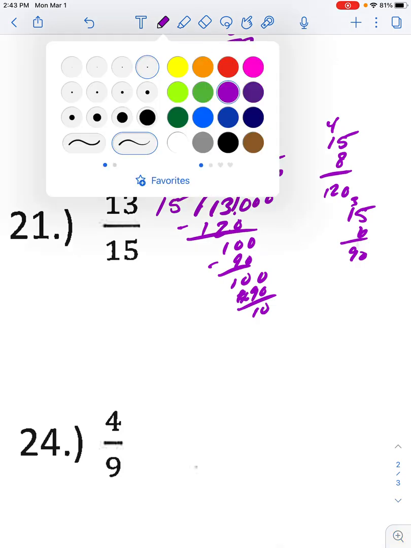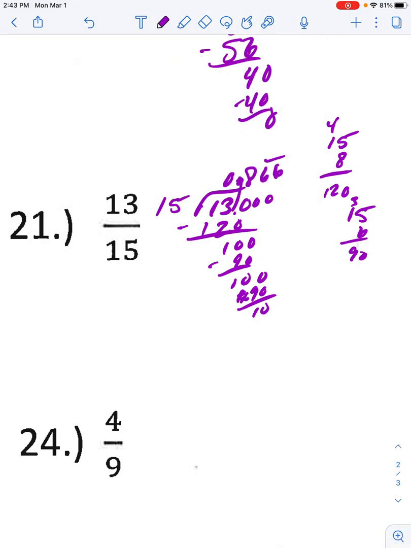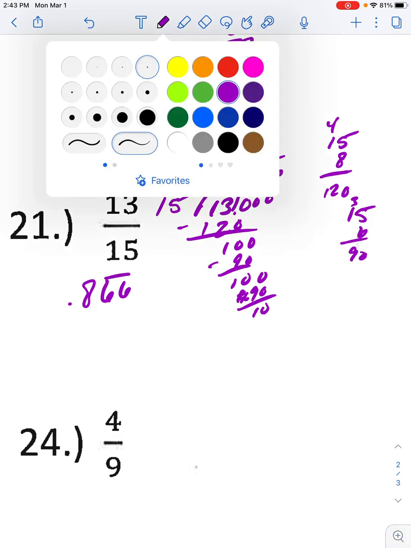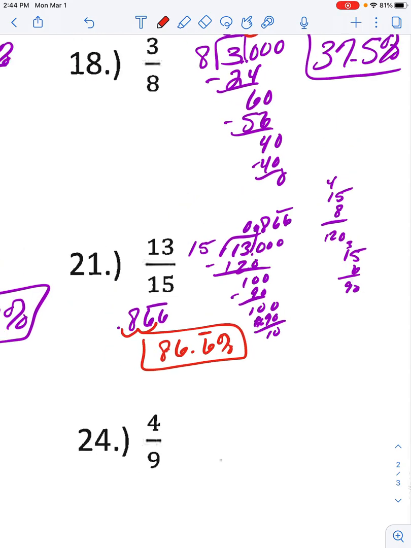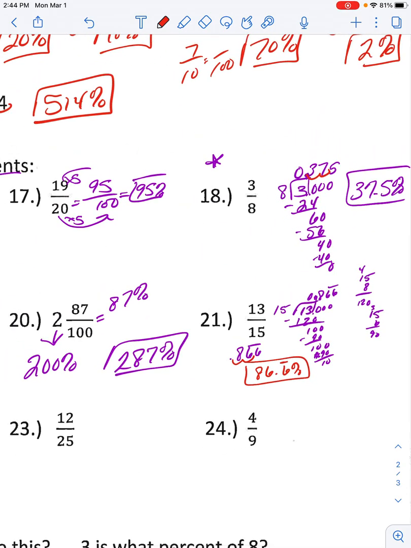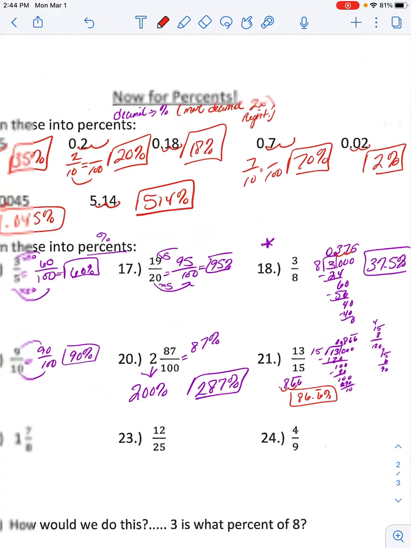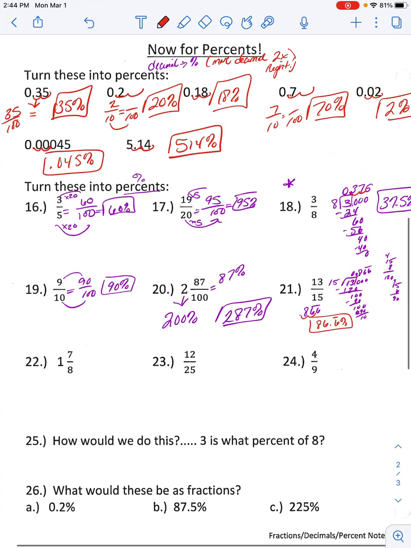Only the sixes though. Now, look at this one. I'll change it this color real quick. The sixes are repeating. When I change this into a percent, it's going to be 86.6. The bar only goes over the last 6 that's repeating. So 86.6 repeating percent. Don't round it, okay? If it's a repeating decimal, leave it alone, throw a bar over it.